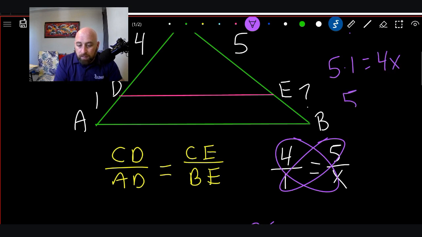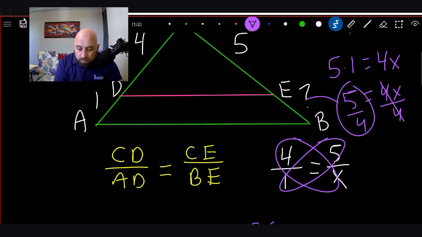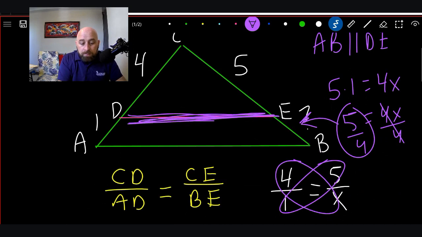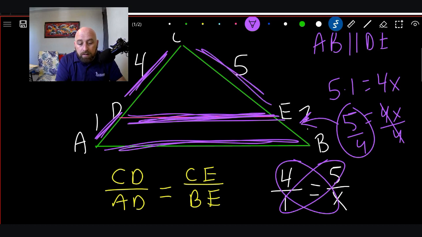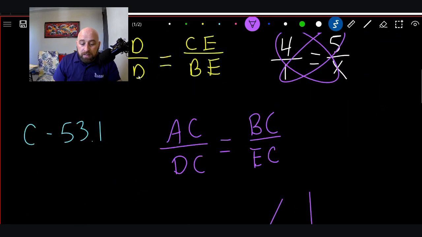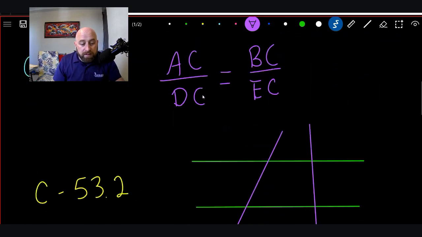We solve that and get 5 equals 4x. We divide both sides by 4, and we get x equals 5/4, or EB equals 5/4. That's the proportional size EB would have, based on theorem 53, which tells us that if this line is parallel to this line, then these pieces are proportional. So that's how it all works together. Just plug in the pieces, and that will give you your missing side.